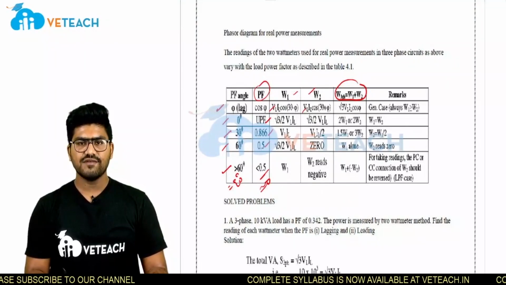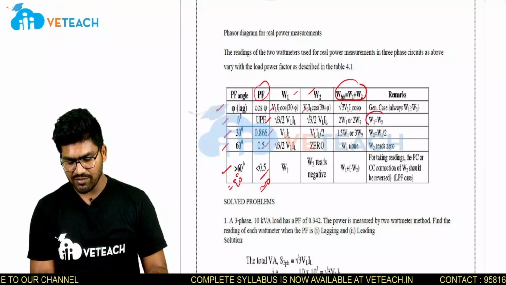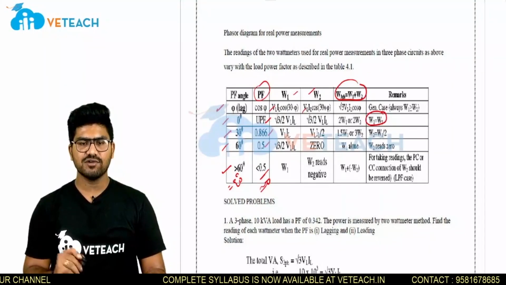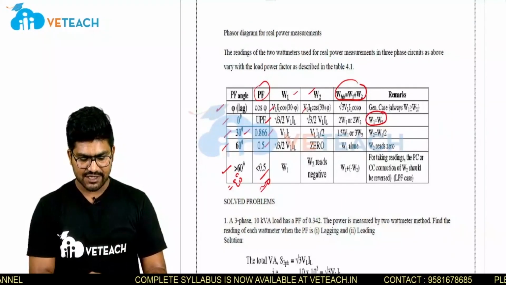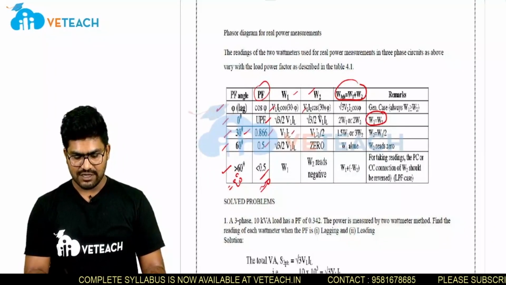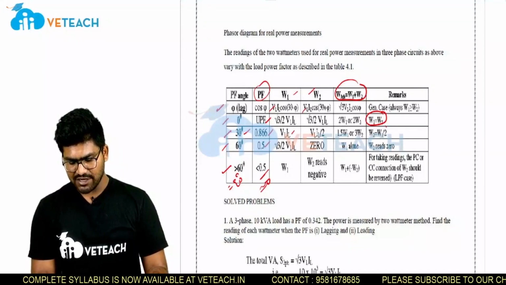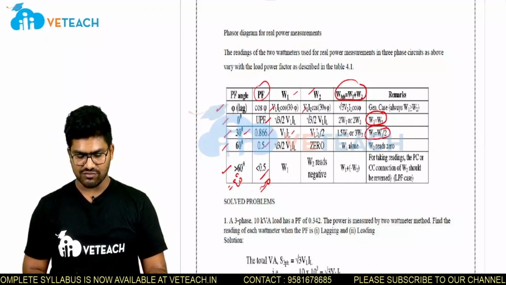In this case both the wattmeter readings are the same, W1 equal to W2. Now when the power factor angle is 30, W1 is VL IL and W2 is VL IL by 2, so W2 is equal to W1 by 2.